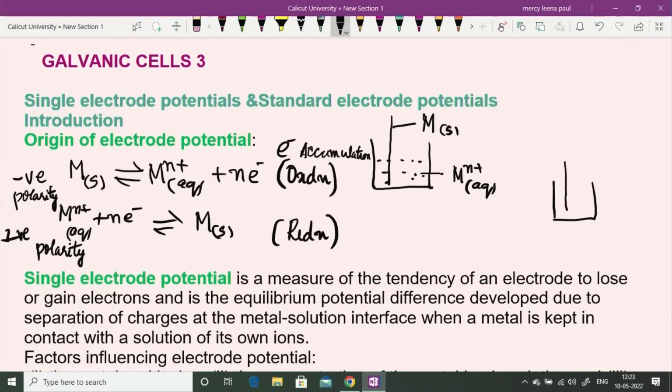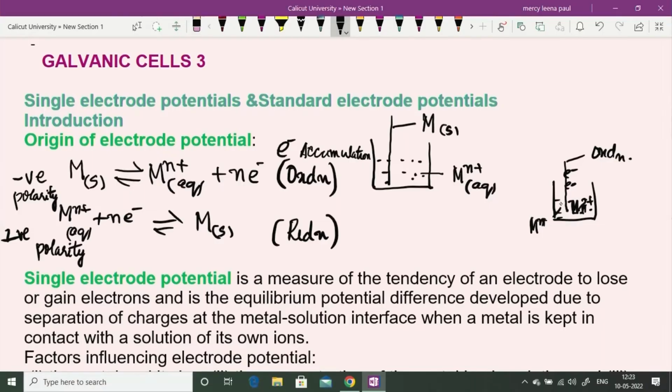Now I am going to take the first condition, in which the metal is getting oxidized. Here oxidation is occurring and there will be electron accumulation on the metal part. At the same time, in the solution you will have Mn+ ions accumulating. The metal part has a negative charge and the solution part has positive ions.